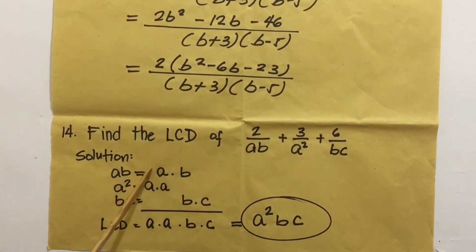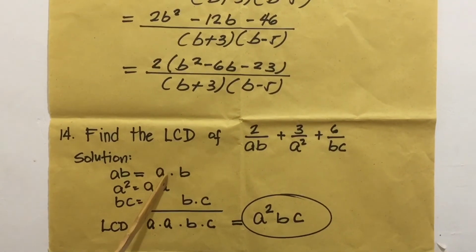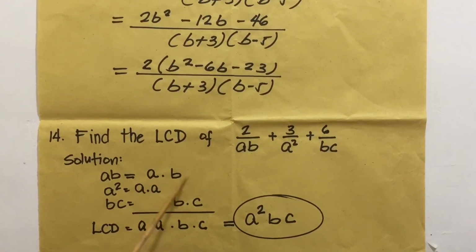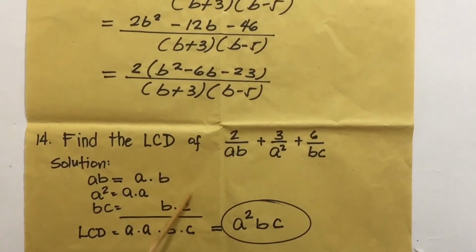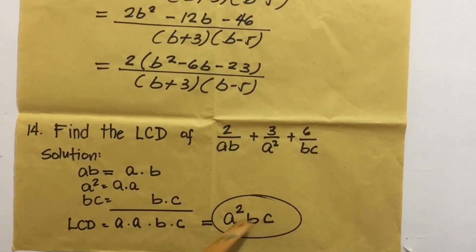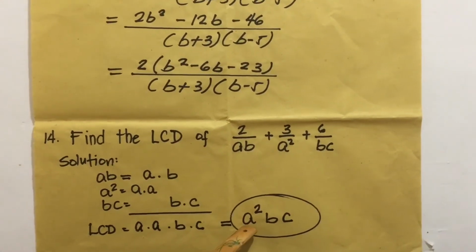It is 1A here, and what is common, so we just get only 1A. That's representative for our LCD, and we have B, so we have only 1, and C only 1, just copy, and we have to multiply this. A times A equals A squared, B times C equals BC. So this will be our LCD.